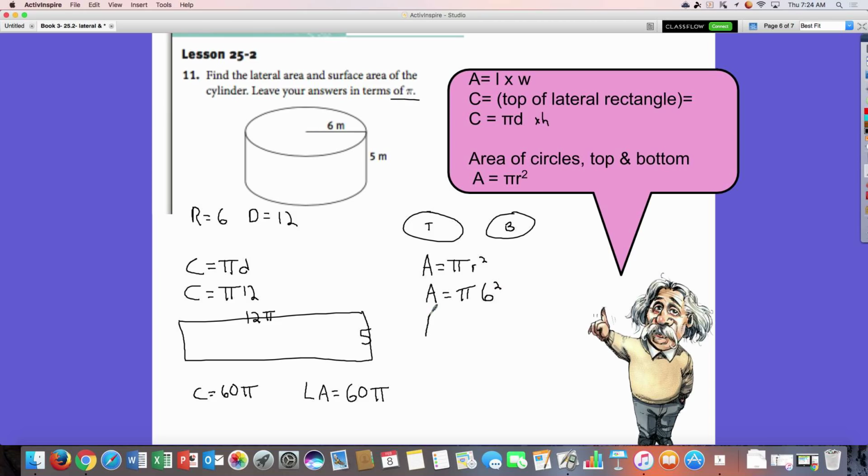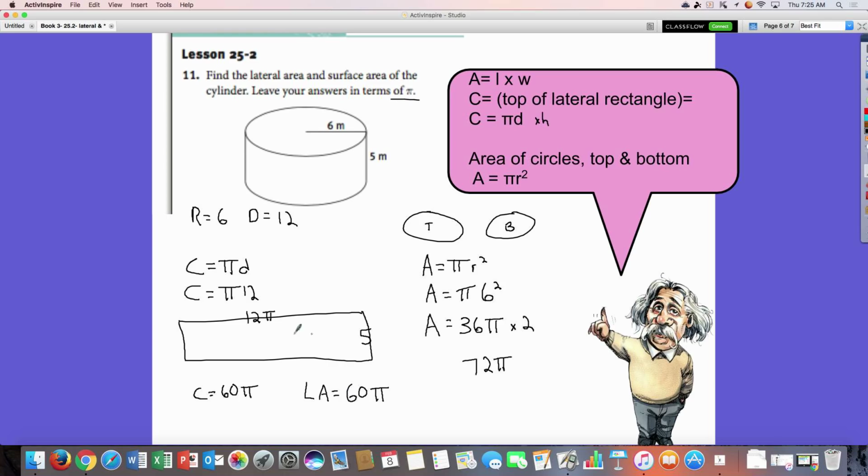And I know you're too smart to fall for it. That's not 12. No, no, no. 6 times 6, 6 squared. So my area of the top is 36 pi. But remember, that's just one of these. I've got 2 of them, so I'm going to multiply that times 2. So the area of the top and the bottom is 72 pi.